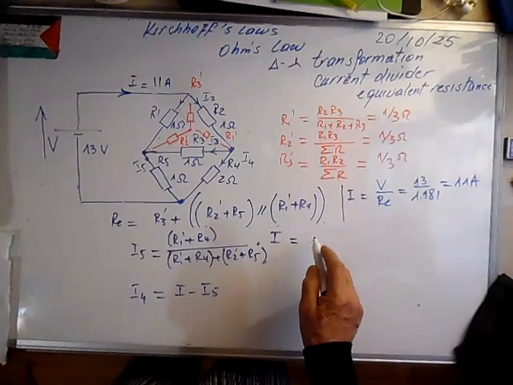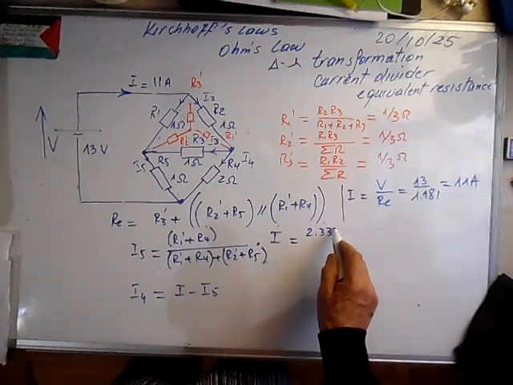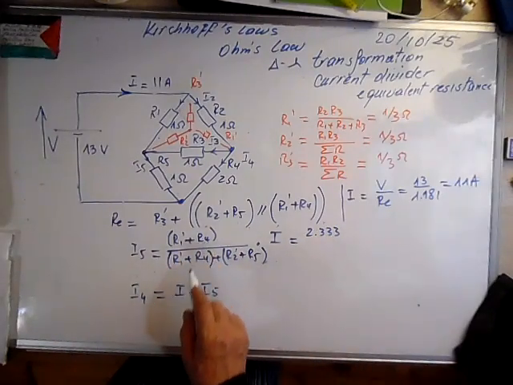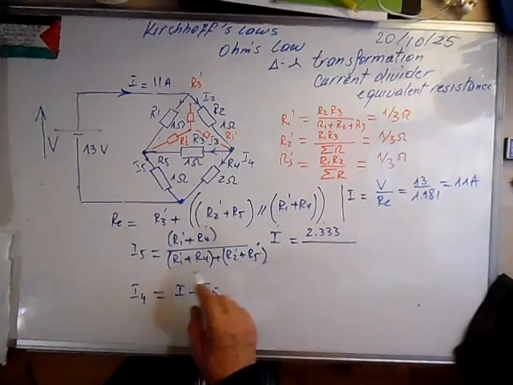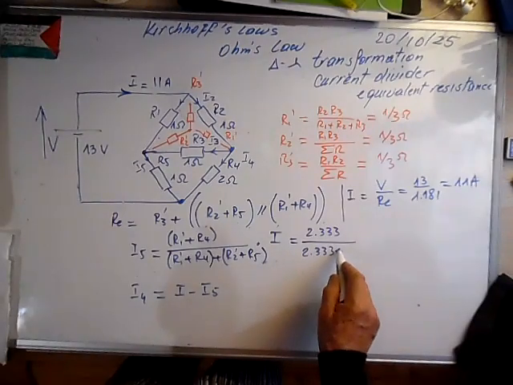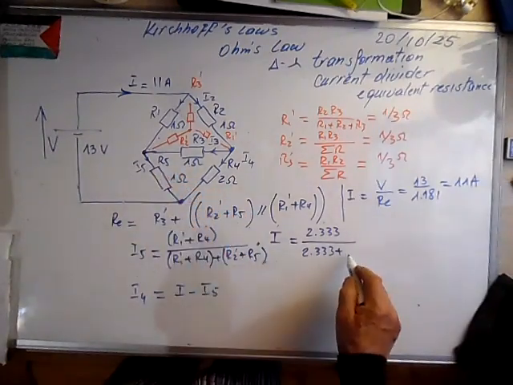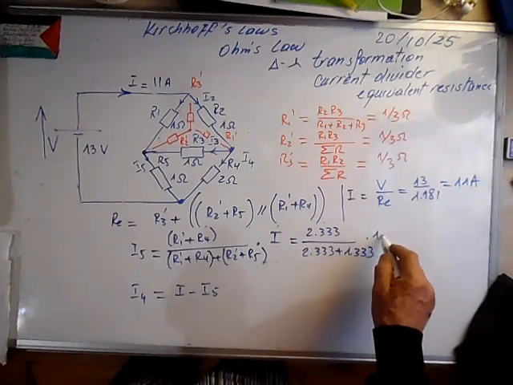Here R1 prime is 0.333 plus 2, this 2 and 1/3, over 2.333 plus 1.333 times 11.